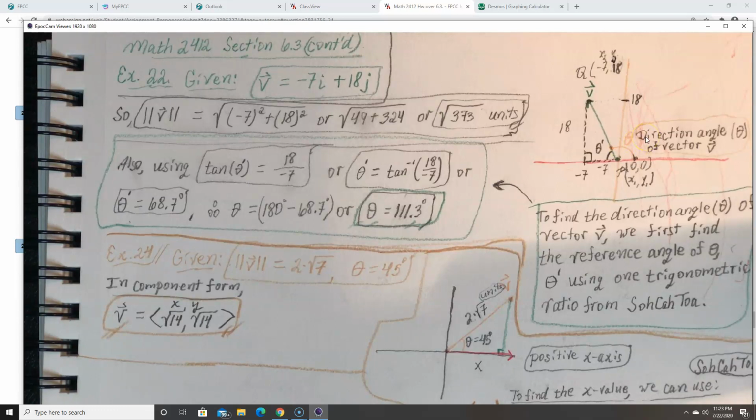So the direction angle theta of a vector v, or whatever name, you don't have to call it theta, and you don't have to call it vector v, but it's some angle, whatever you want to name it, and some vector, whatever you want to name it. Well, they did give us vector v, so I guess we should honor that and call it vector v.